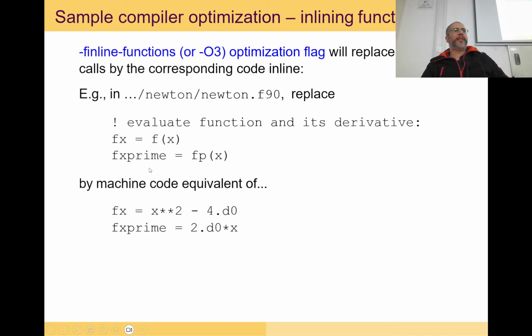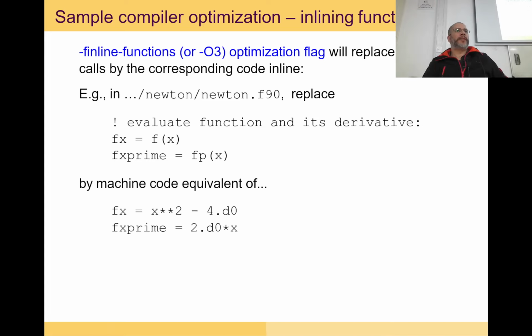If you want to evaluate these again and again, you may have a function which evaluates that. But because it's a very simple function, fx is x squared minus 4 in this case, like we had for square root of 2, rather than calling a function, which has an overhead involved with calling it and returning an answer, you can literally put fx equal to x squared minus 4 in the code.